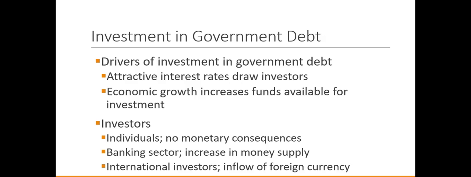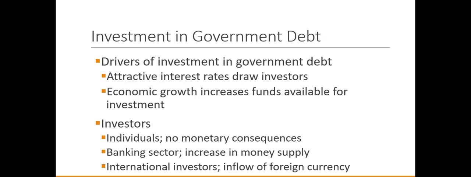Economic growth in any economy creates additional assets for individuals and entities. And the additional assets is an opportunity for a government to receive additional investment. Additional assets are available from individuals and entities to invest into various opportunities, and some of those funds are going to end up in government debt investments.